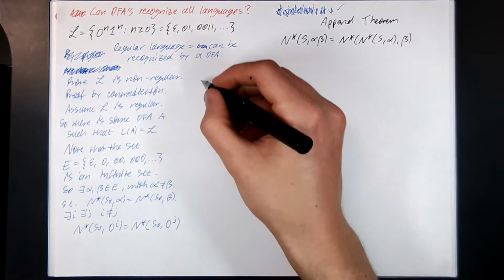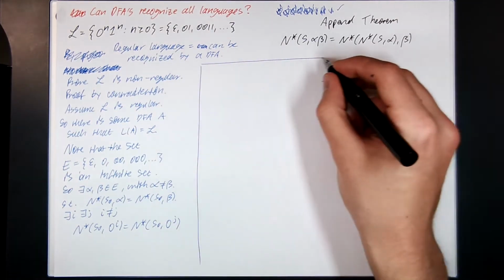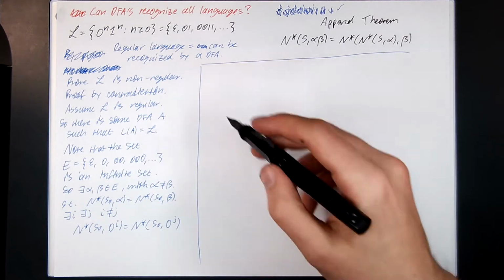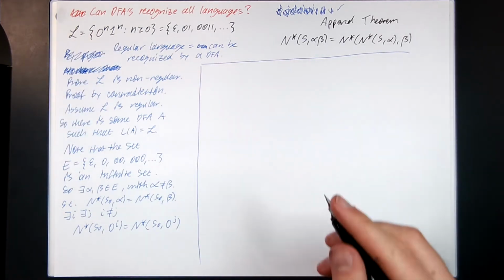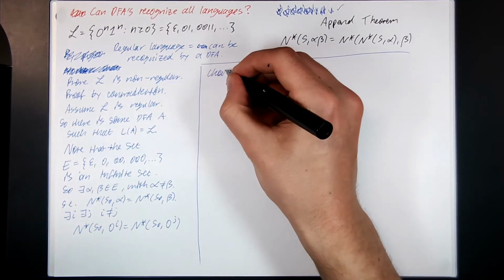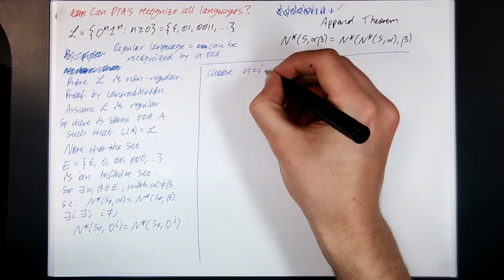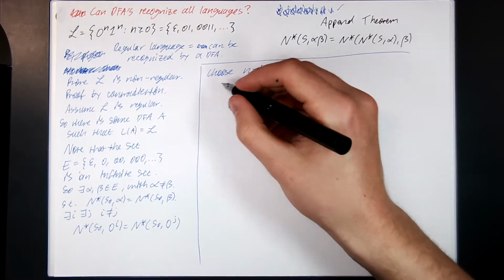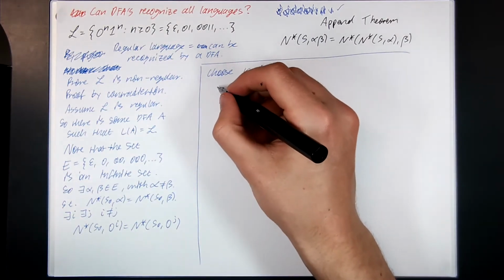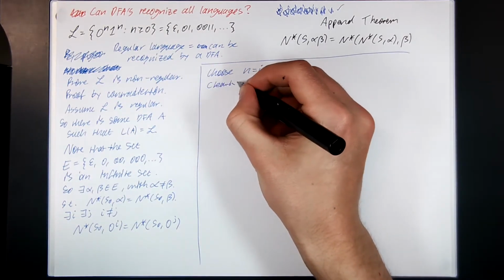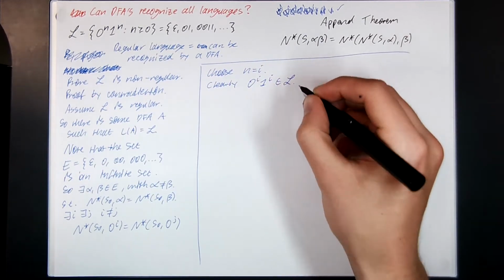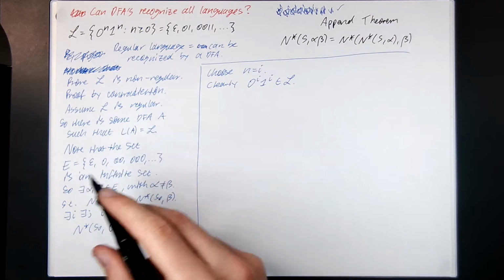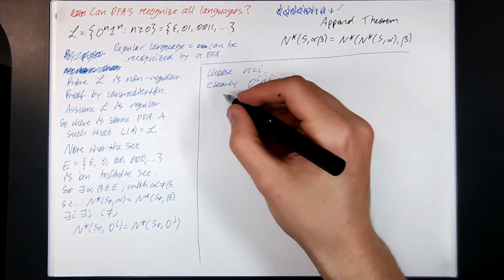Okay? How can we use that property? Well, 0 to the n, 1 to the n is always accepted for any n, right? So I'm going to choose n equal to i and try and get a contradiction. So if n is equal to i, clearly 0 to the i, 1 to the i is in the language L. If it's in the language, that means the DFA must accept it, right?